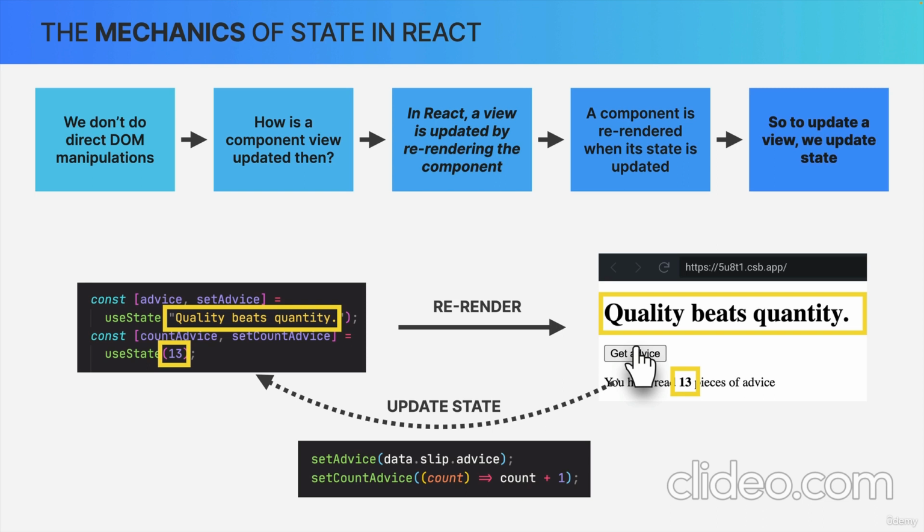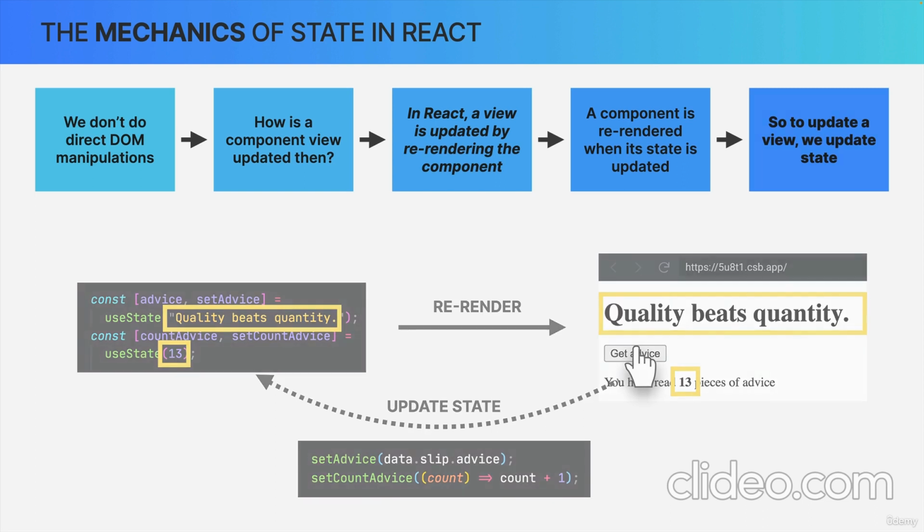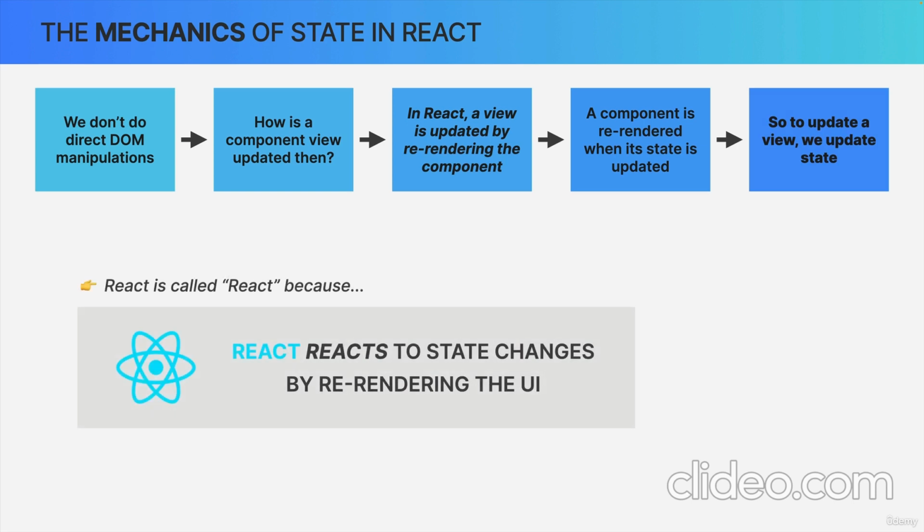And in fact, this whole mechanism is so fundamental to React that it's actually the reason why React is called React in the first place. So on a high level, moving from the component level to the application level now, React reacts to state changes by re-rendering the user interface. That's the main thing that it does, and therefore it was decided to call this library React.